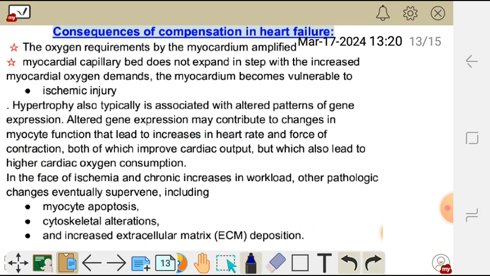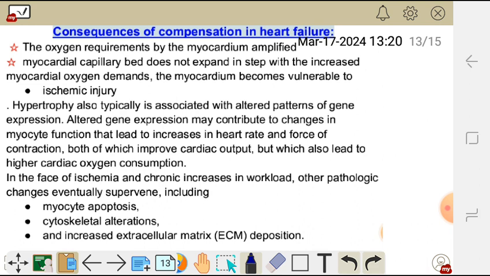Okay, both of which may improve cardiac output, but also it can lead to higher cardiac oxygen consumption. Since the genes have been altered, the myocytes will be expressed more than what is required, and if we have an increased number of myocytes, we are going to have higher cardiac oxygen consumption, and that will be a problem.